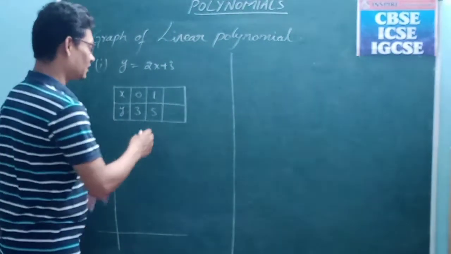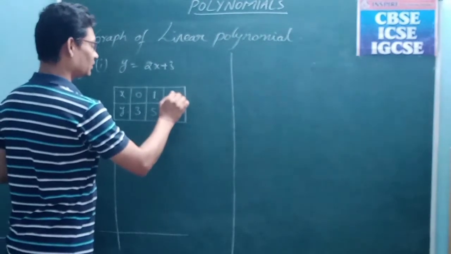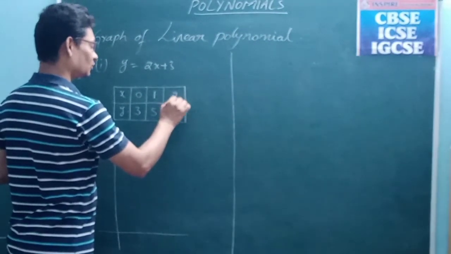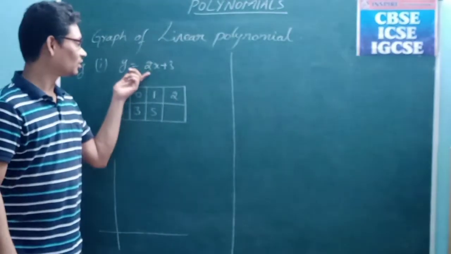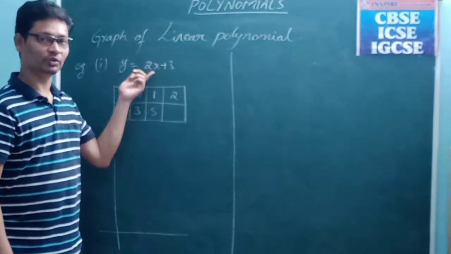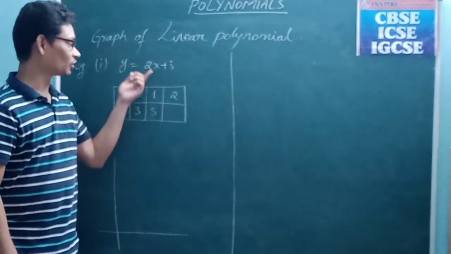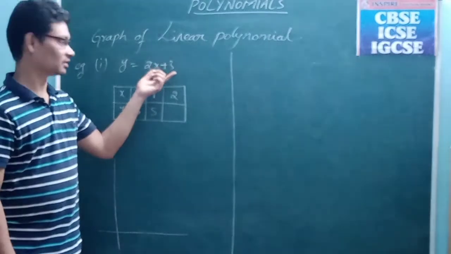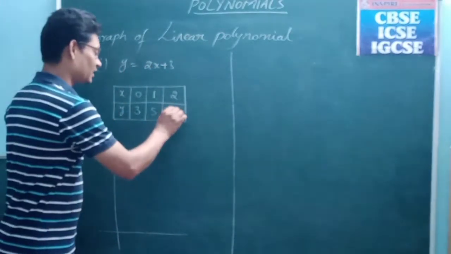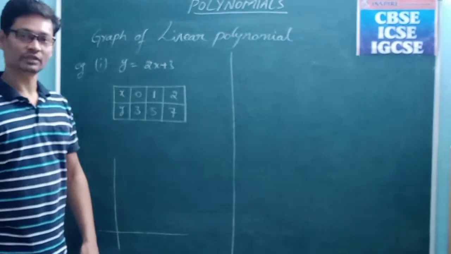Let us take x equals 2. When x equals 2, 2 into 2 will become 4, and 4 plus 3 will become 7. So the y value will become 7 when x equals 2.